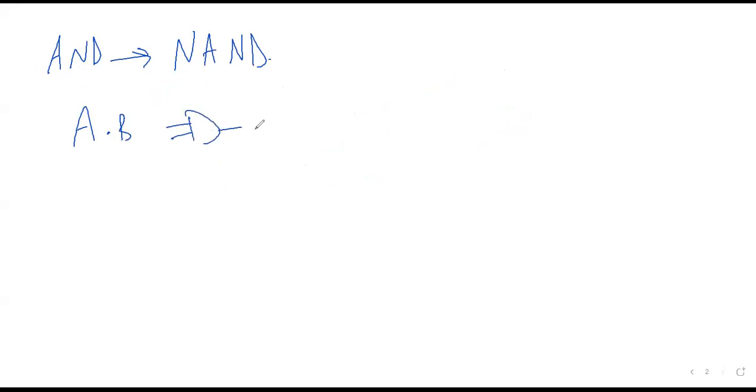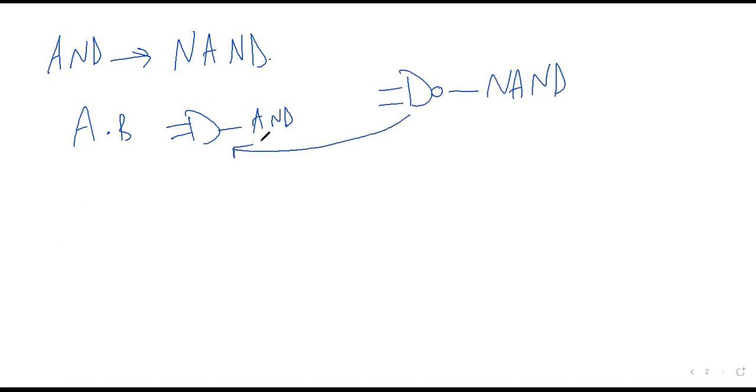Now we want to use these gates only. This is an AND, to represent the same thing we have here. How do we manipulate it? First, it comes the claiming part. AB, this is how we represent it.